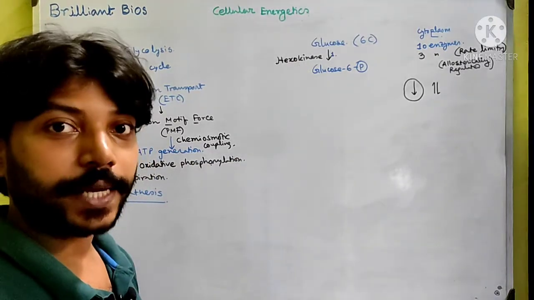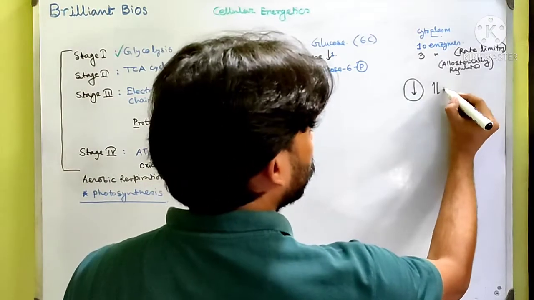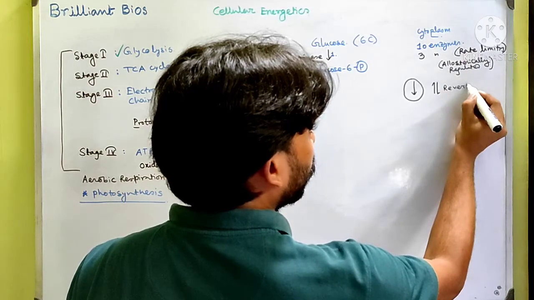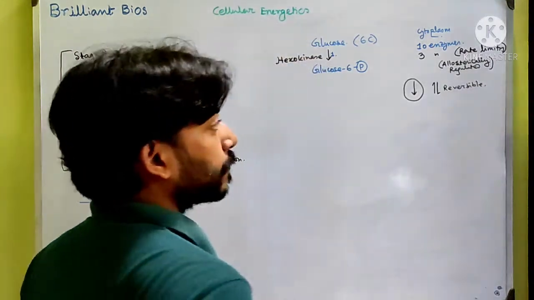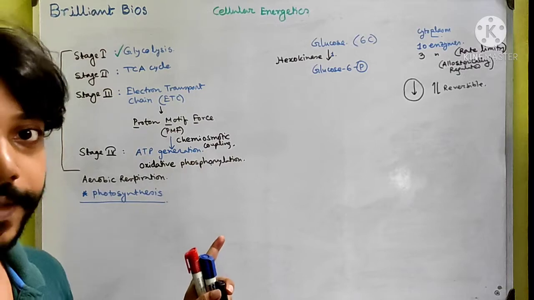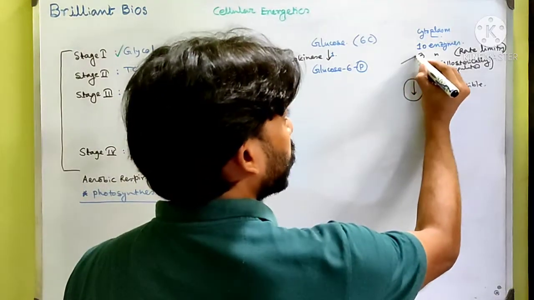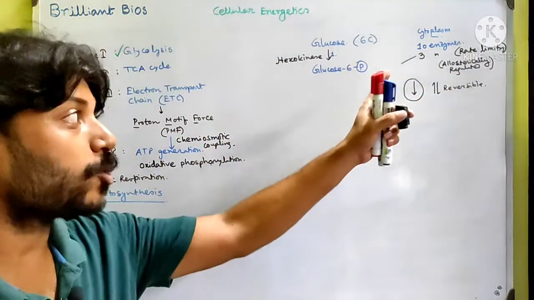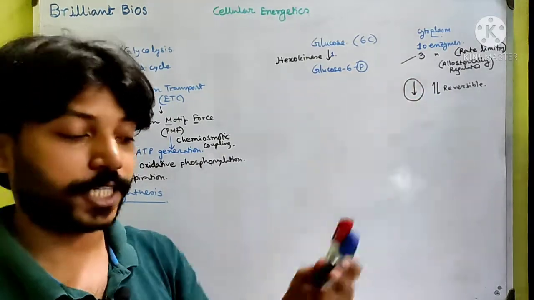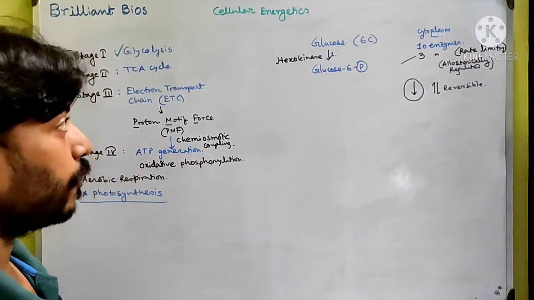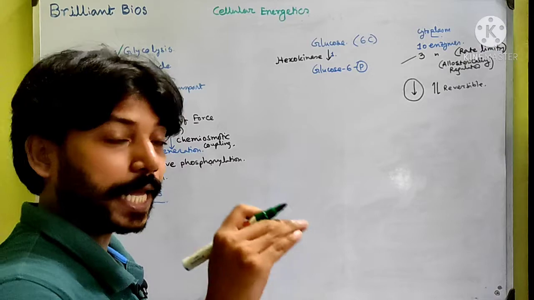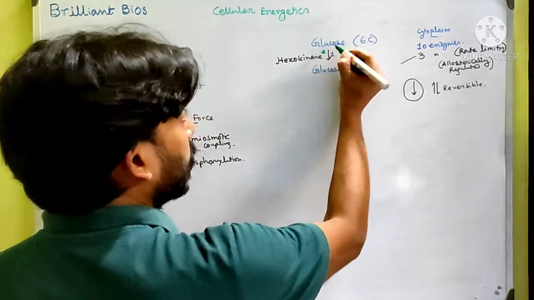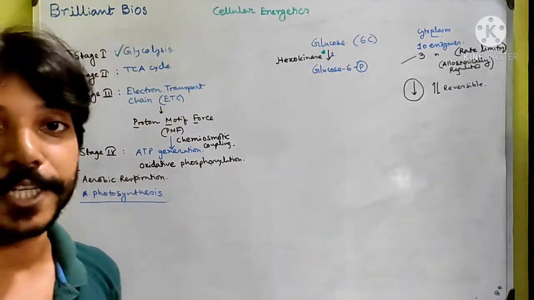But many enzymes can perform reversible reactions. So in glycolysis there are 3 rate limiting enzymes present. They go through irreversible reactions. So that means the first step of glycolysis, this enzyme hexokinase, is a rate limiting enzyme.